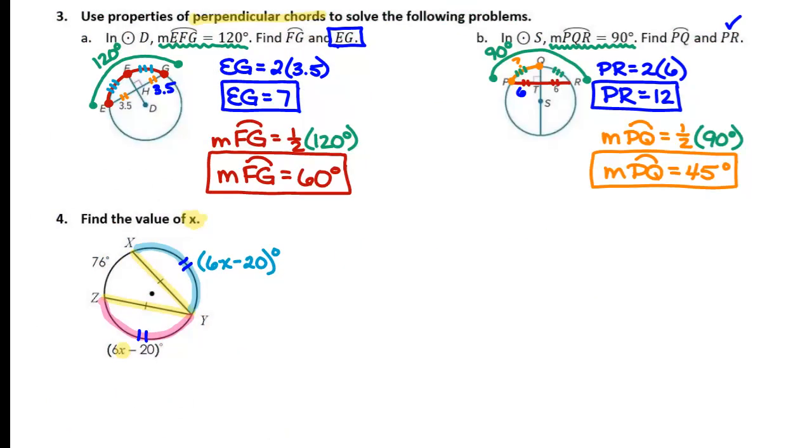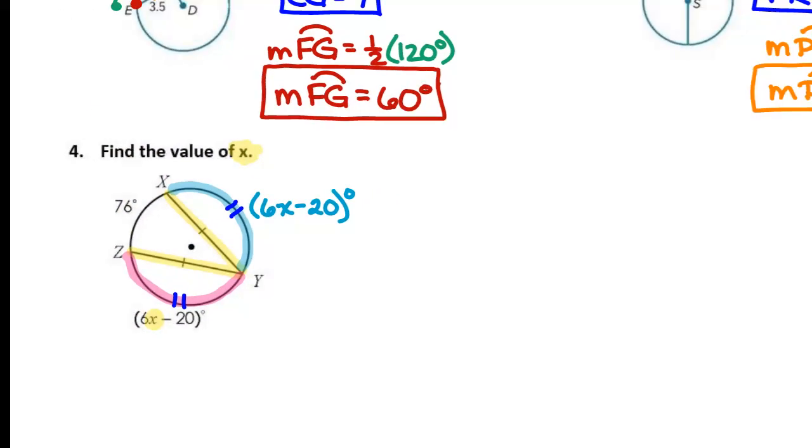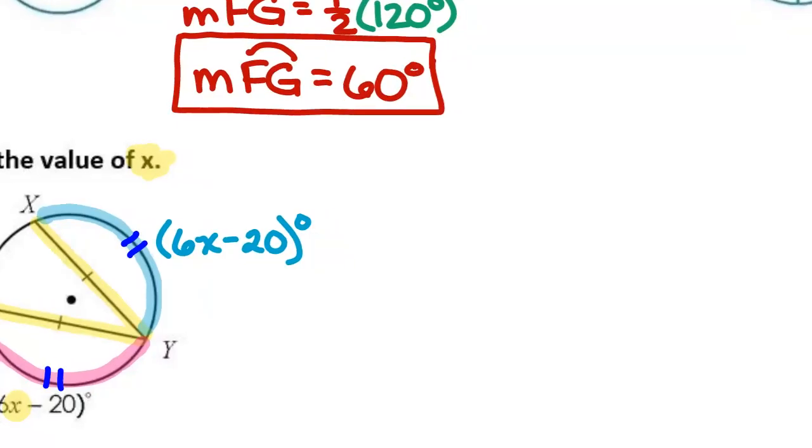Now, writing that down didn't help me find x, but do I know measurements for all the arcs now all the way around this circle? Yes, and I know that if I add all of the arcs all the way around a circle together, it's going to add up to how much? It's going to add up to 360 degrees.